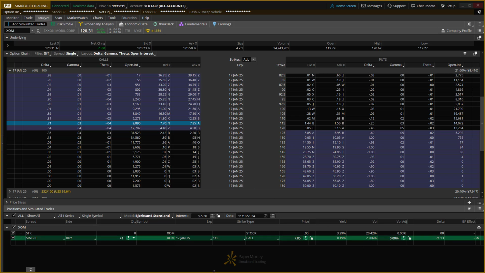Okay? So in this example, I'm buying this January contract here for Exxon Mobil. I'm paying $7.85. I have theta decay of 4. All right. Now, I'm going to come out here and notice that all I've got is a choice of a 35 delta or an 18 delta. That 35 delta is pretty close.